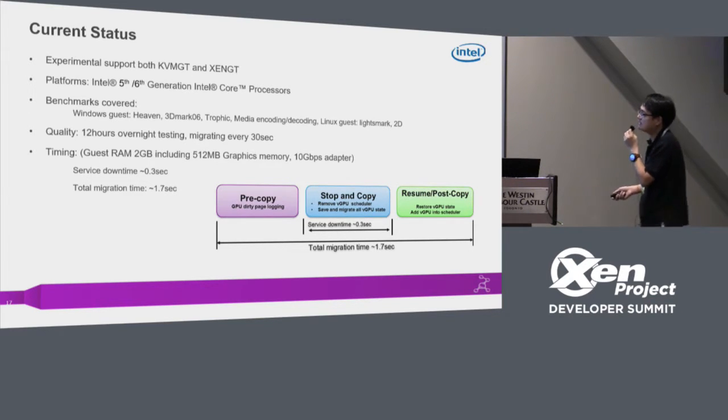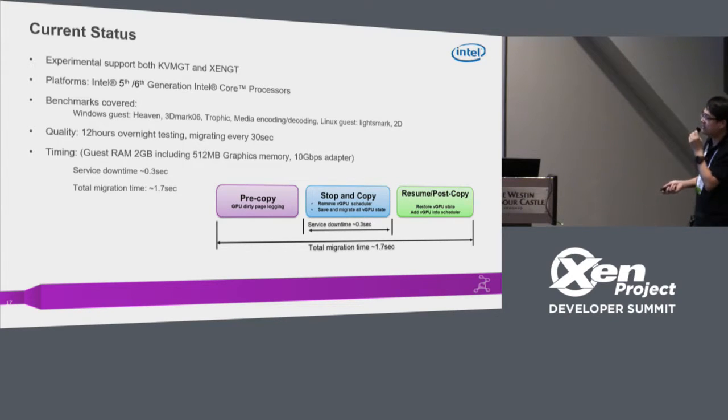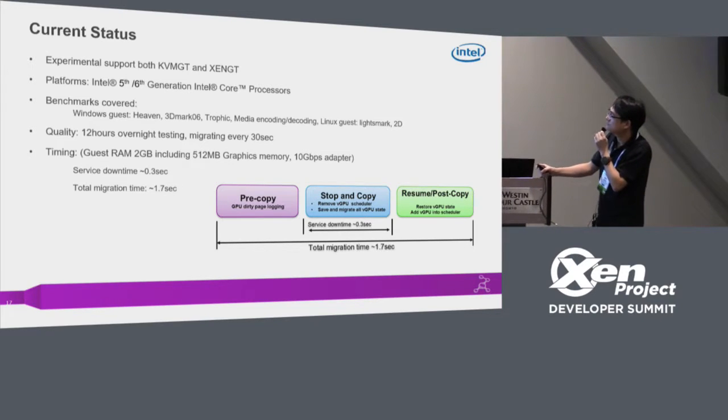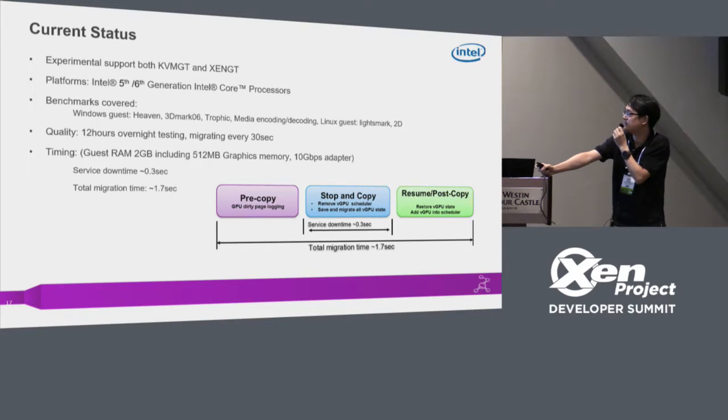The timing, as I already mentioned previously, is that the overall total migrating time is around 1.7 seconds, and the service downtime is around 300 milliseconds. On the two machines, the network is 10 gig adapters. The guest memory is 2 gig, and the graphic memory was assigned 512 megabytes.